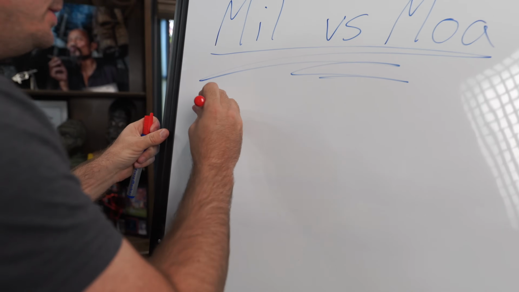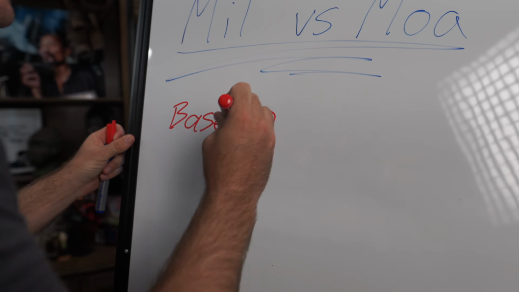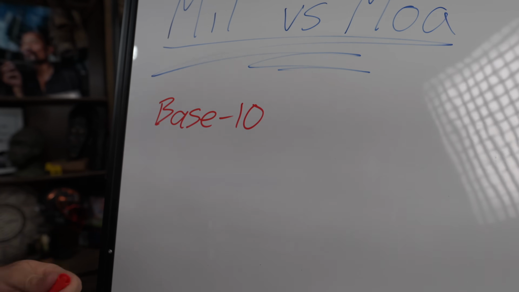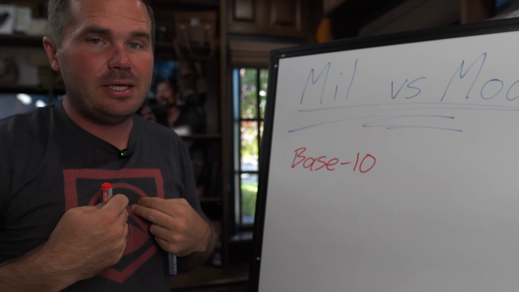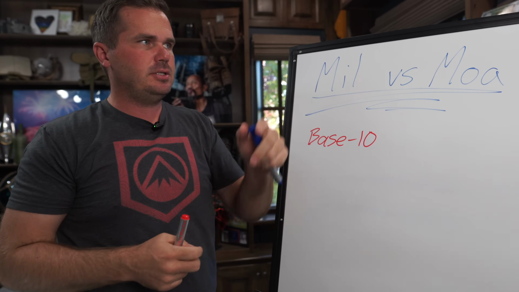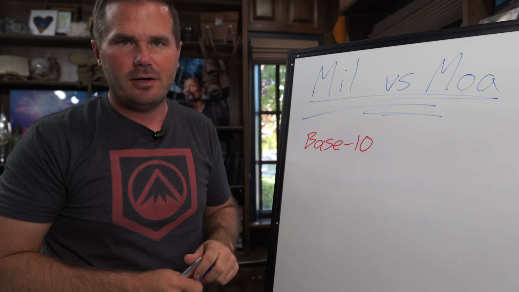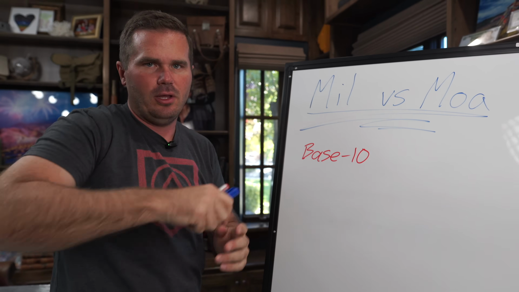All right. So the first advantage here in the pros section, the mil is a base 10 system. That to me is a really big advantage because let's say I'm shooting a target at 1,000 yards. Say it's a 3-foot target, which is 1 yard tall.